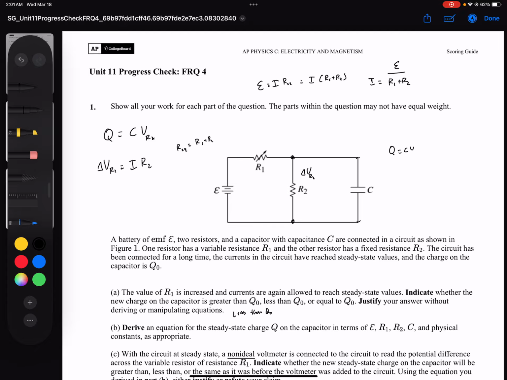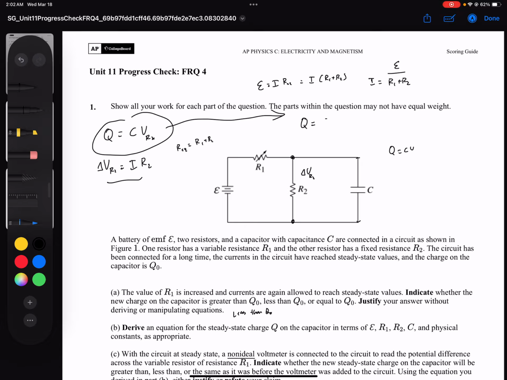We had to solve for the state of charge. So I have the current here, and that tells me what the voltage across the resistor is going to be. Okay, so now I'm going to go back here. From this line of reasoning, I know that Q is equal to C times V, and V for the resistor R2 is I times R2.